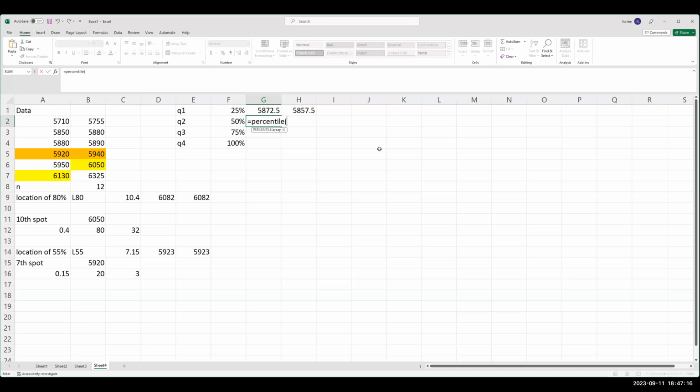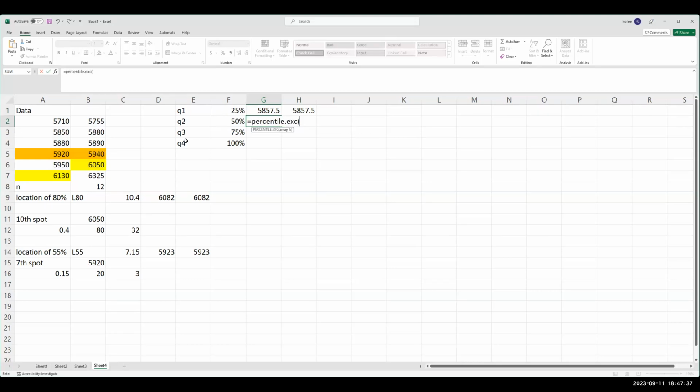Oh, you know why? Because I didn't put .exc. I'm so sorry. There it is. I used the wrong formula. Percentile.exc, and then you get the same number.